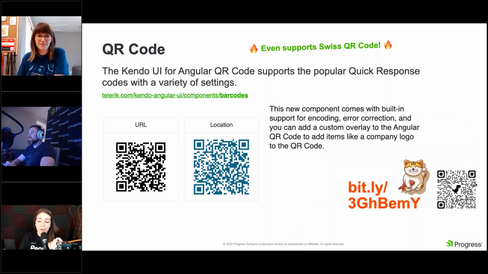This new component comes with built-in support for encoding, error correction, and you can even put a custom overlay so you can have a little image in the middle of your QR code, similar to how the Chrome little dinosaur did that with theirs. It's very, very cool stuff. Really excited about this, and it even supports the Swiss QR code.